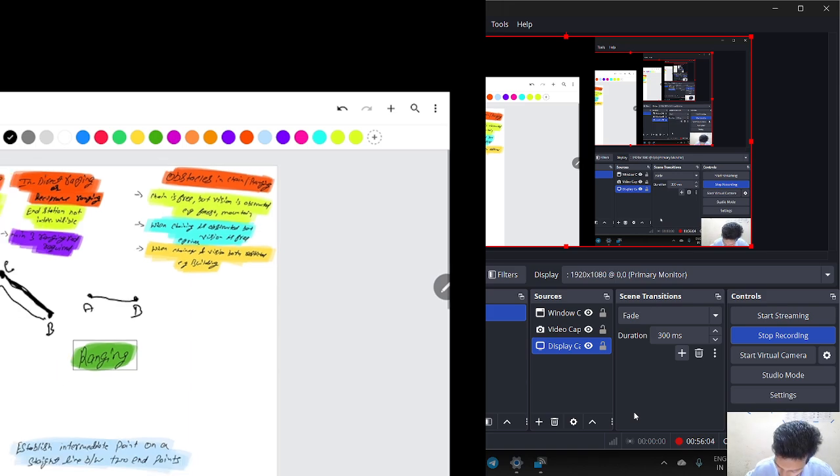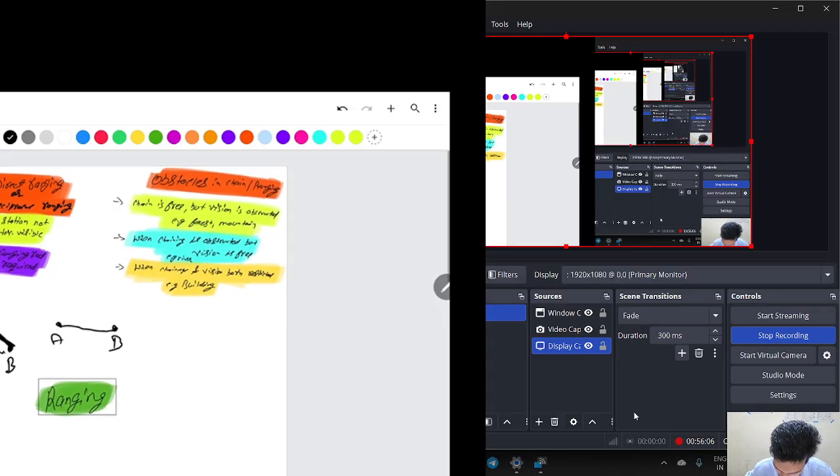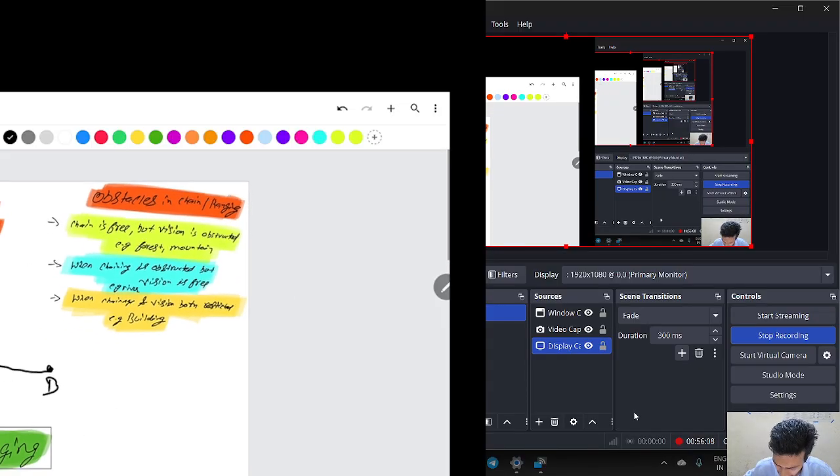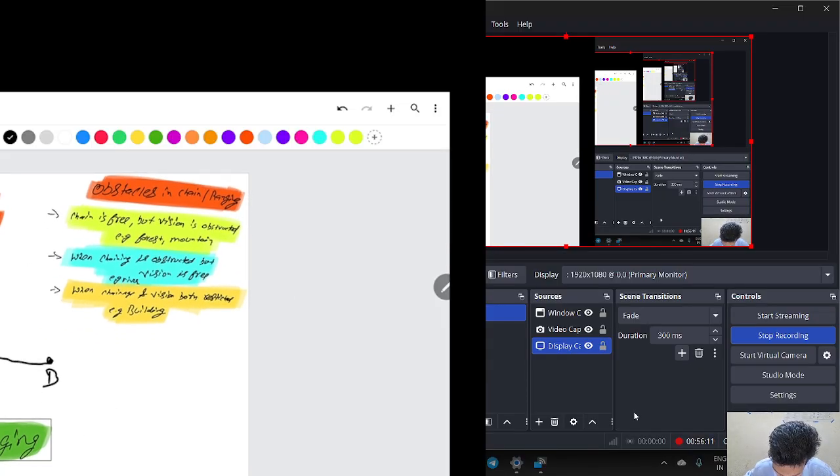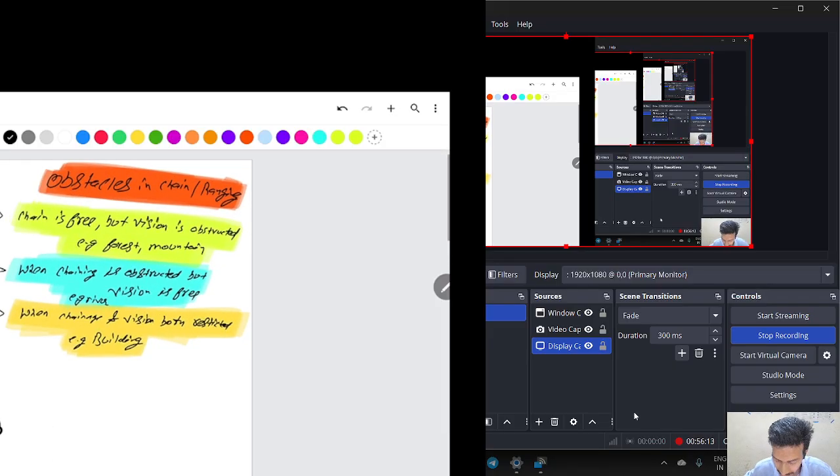What are the obstacles in ranging and chaining? Chain is free, but vision is obstructed, like forest or mountain. When the chain is obstructed but vision is free, it means we can't use the chain.